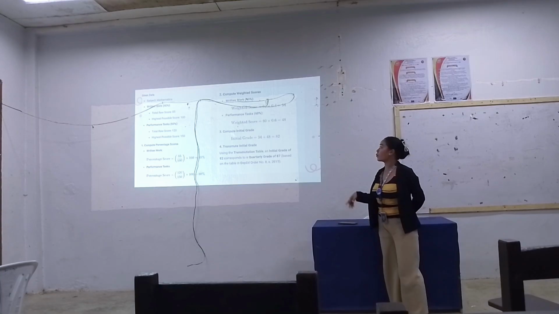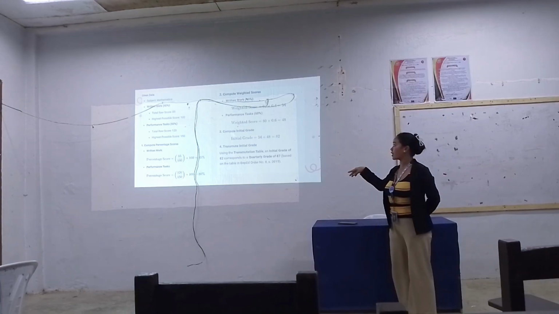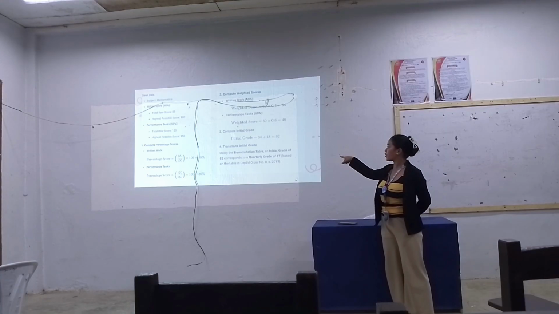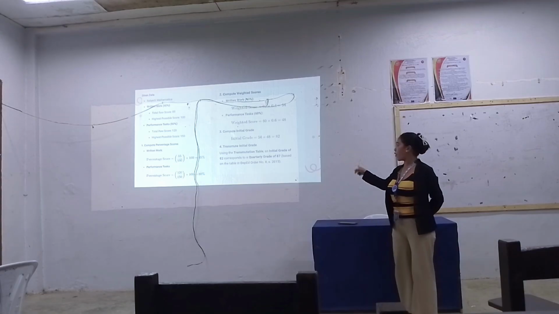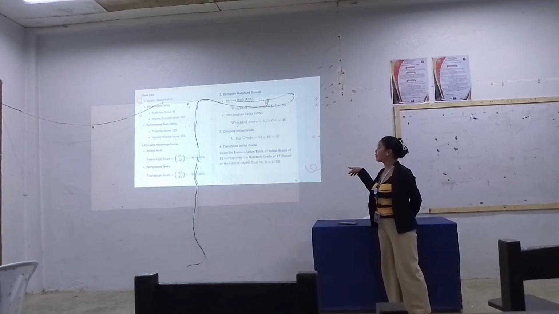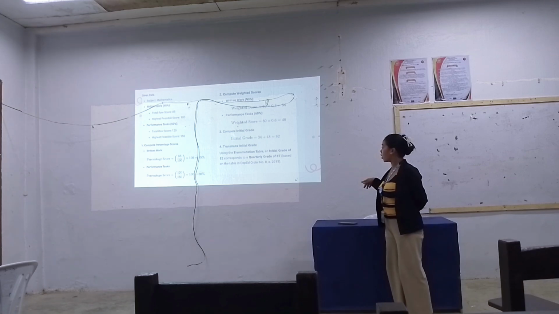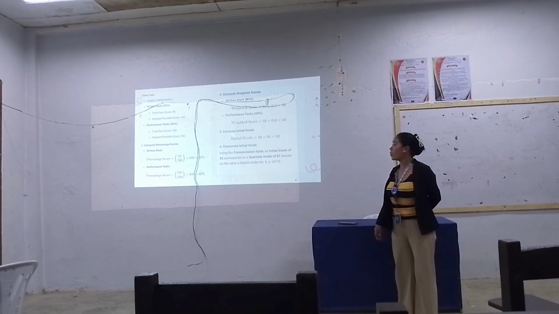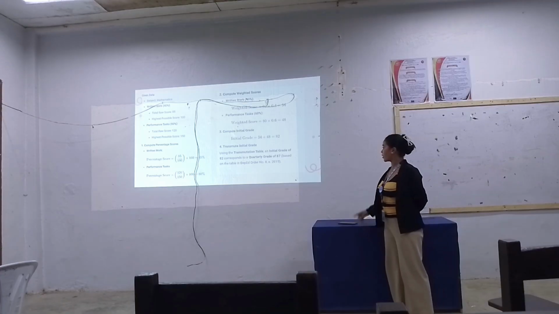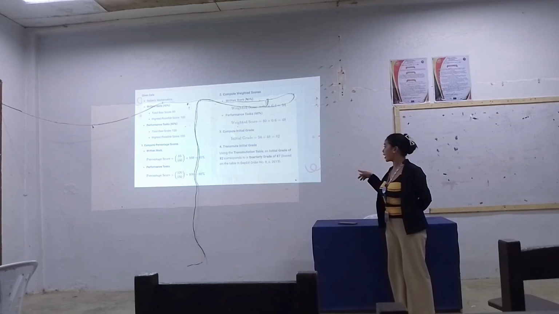Then the third is compute the initial grade. Add the written work and the performance task. So 34 plus 48 is 82. Then the fourth one is transmute the initial grade. Using the transmutation table, an initial grade of 82 corresponds to a quarterly grade of 87, based on the table in DepEd Order number 8, 2015.